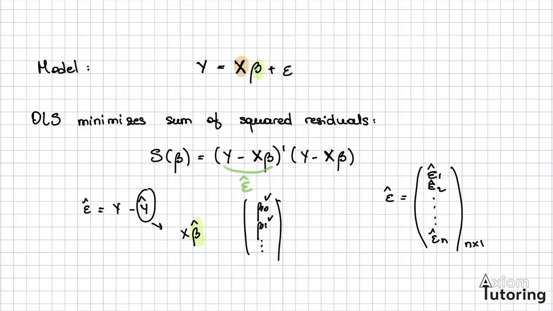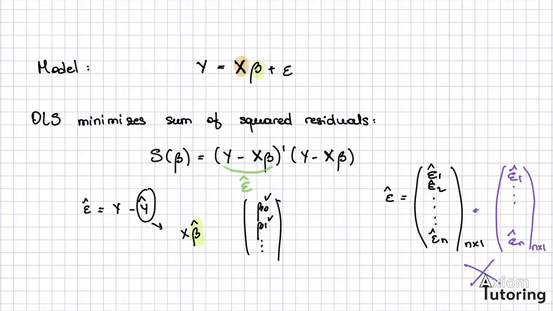Now, if you have to multiply this residual vector with itself, so imagine that you had another E1, En, this multiplication in the matrix form is not possible. So what do we have to do to make sure that we can actually do this multiplication?